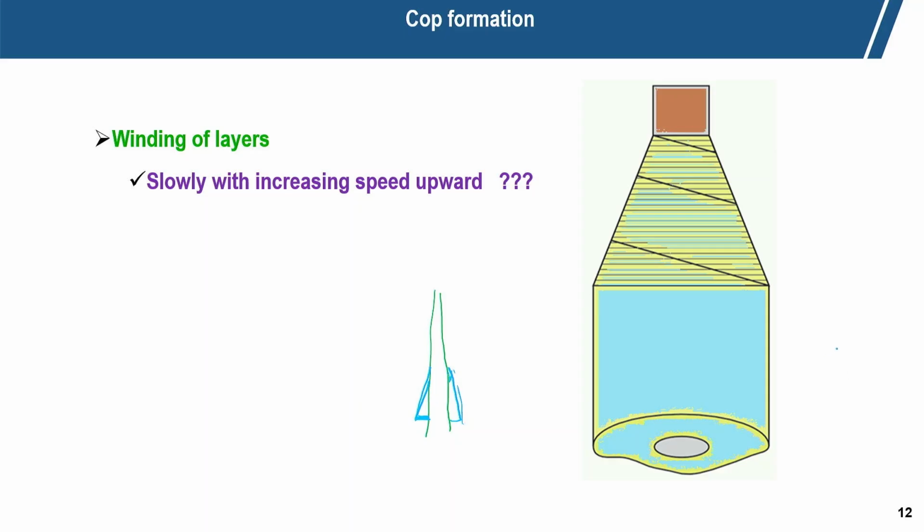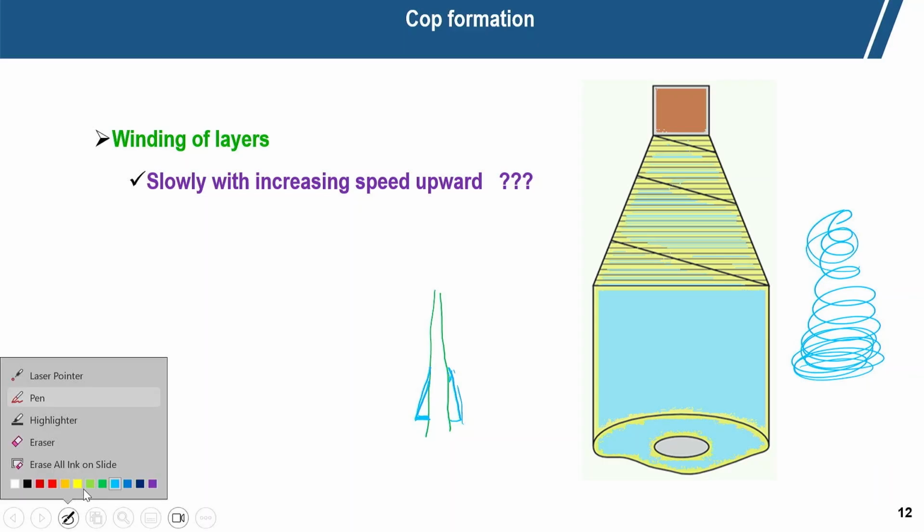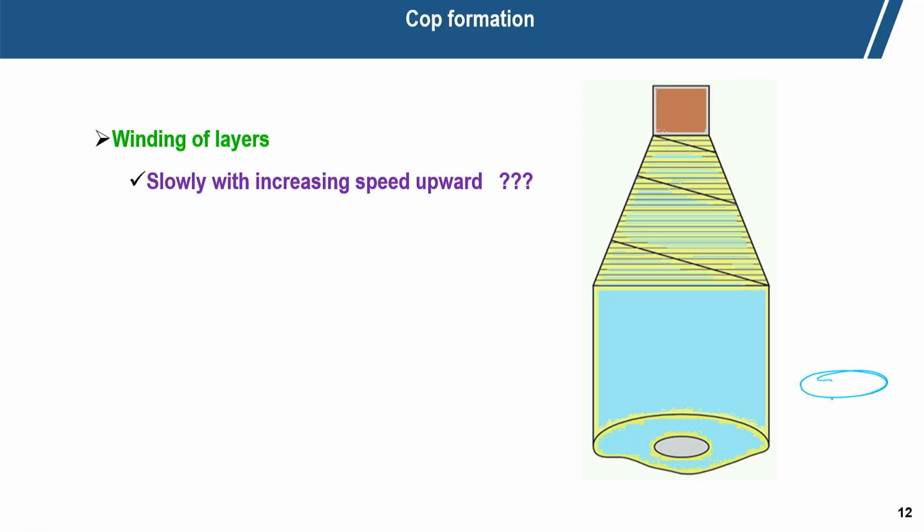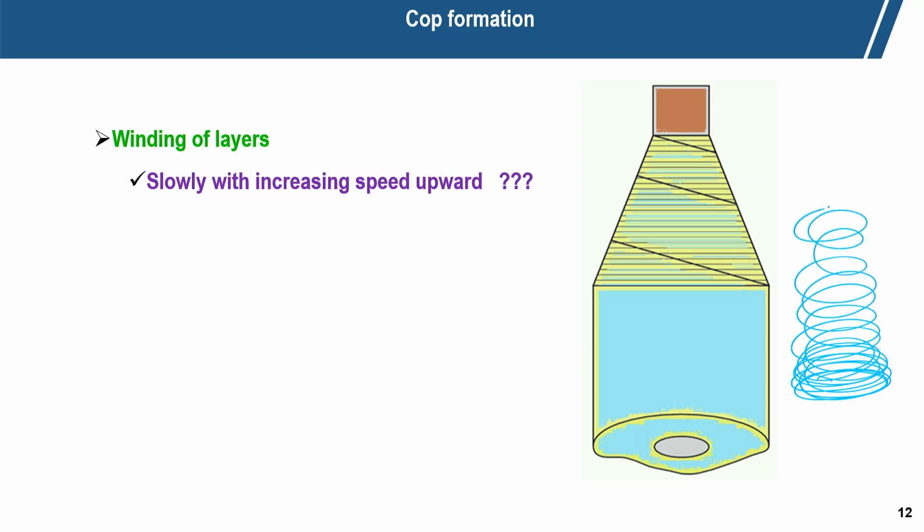Effectively, if we try to draw the wrap, these are slow speed in this fashion. At the base it is a slow motion, so the number of coils per unit length is high and the content will be more. So, it will form the taper from the beginning.